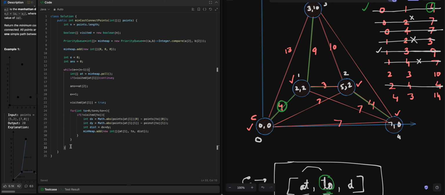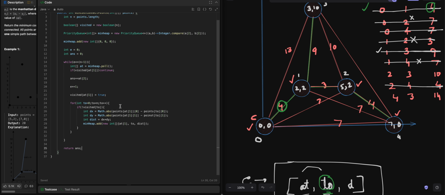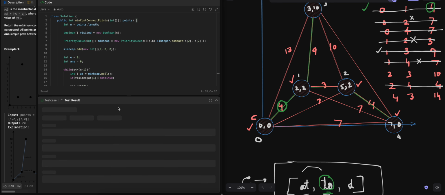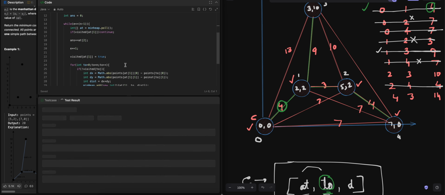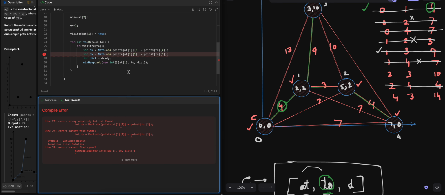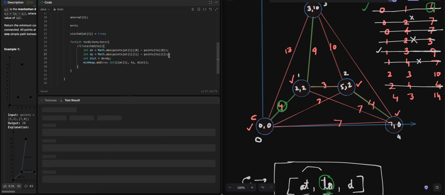So that's it. If we simply return the answer, that was all to the problem. Let's try to see if I have not missed anything or done some silly mistake. Hopefully it should work fine. Okay, so it's points. Let's try to run it again.